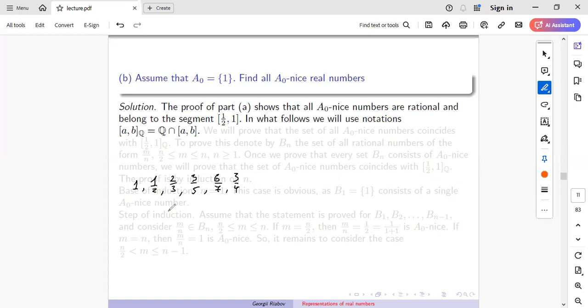If we consider rational numbers from the segment 1/2 to 1 with, say, denominator 2, there are only two such numbers. This is 1/2 and 2/2, which is 1. And we obtained such numbers. If we consider numbers with the denominator 3, then there is only one such number, which is 2/3.